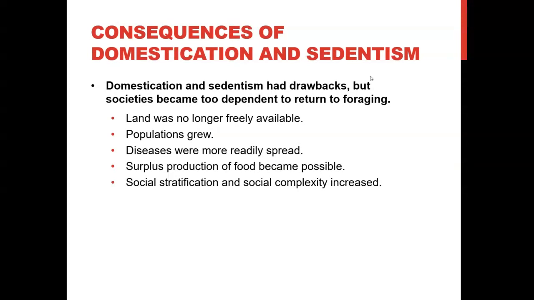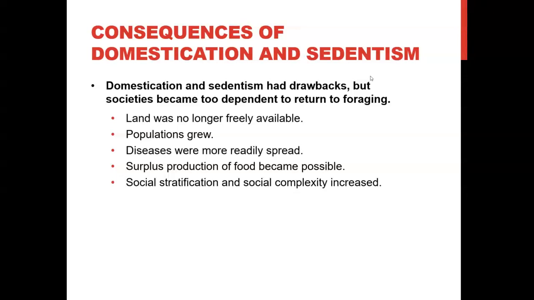So anyways, land was no longer freely available, obviously, because people started domesticating, they started staying still, and then territories grew. Populations grew. Diseases were more readily spread, you know, because you're staying still. Diseases all around, right? Not to be gross, but when you use the bathroom, especially back then, you don't have a sewage system.